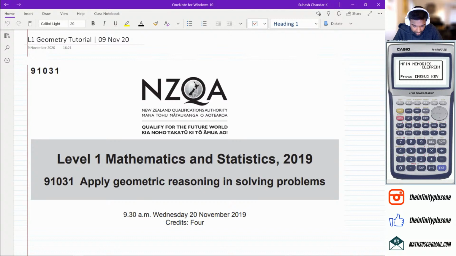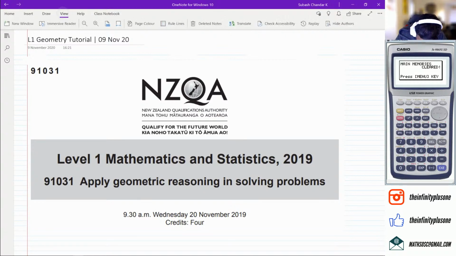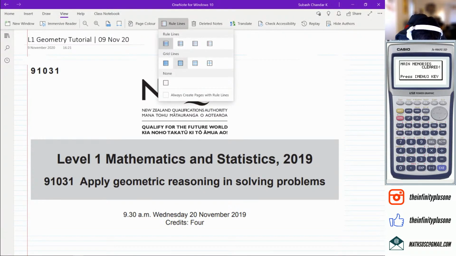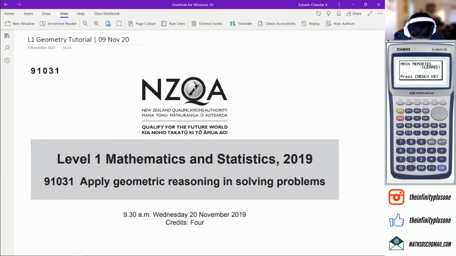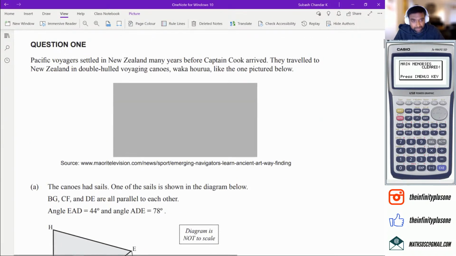So we go through the first question here. Let me just get rid of the ruler lines. Cool, we're good. What I've discovered with the geometric reasoning paper is that there tend to be a lot more merit questions than achieved.